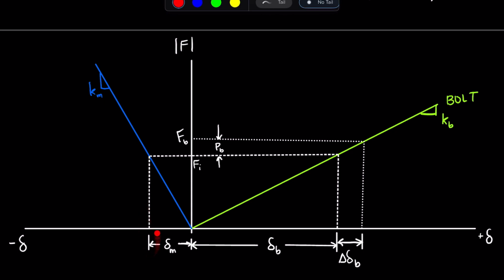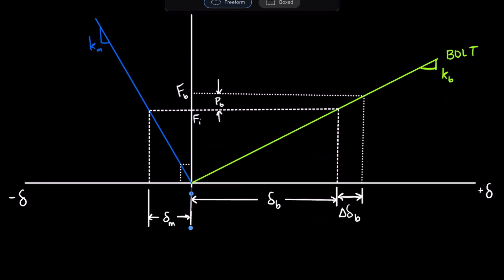So we started with a compressive delta M. We are now stretching the members, so we're going to move towards the positive delta by delta M, which is the same as delta B. And the amount that we change the load on the members is PM.